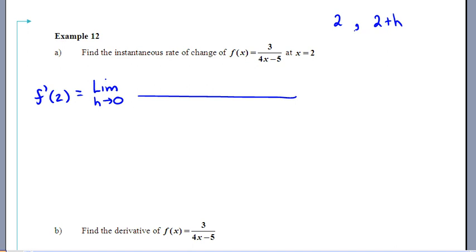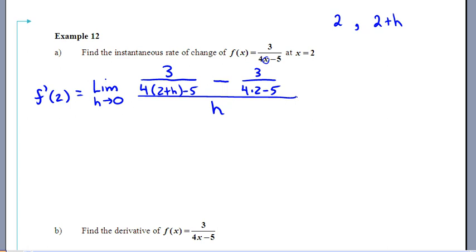Let's put the second x value in first. I have to put that in right there. This is going to be a 3 sitting on top of 4 times 2 plus h, then take away 5. Subtract what happens when you simply put a 2 in. 3 sitting on top of 4 times 2, take away 5. All sitting on top of h, the difference in the x's.